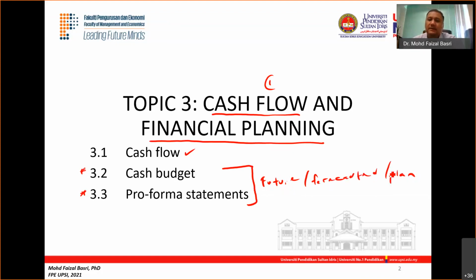So the cash budget and pro forma statements are statements that we prepare based on historical data, but for future use. We will discuss in detail later the purpose and importance of these 2 statements. But for a start, we will obviously start with 3.1, which is the cash flow statements.